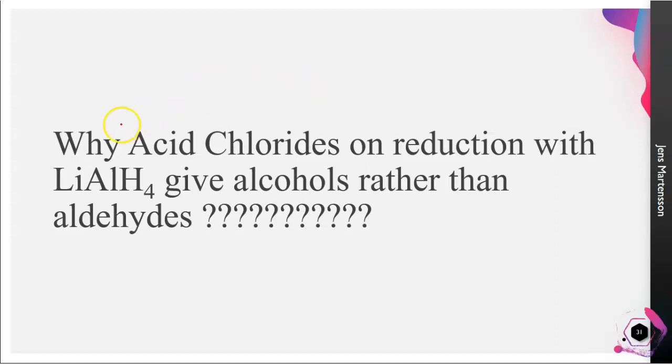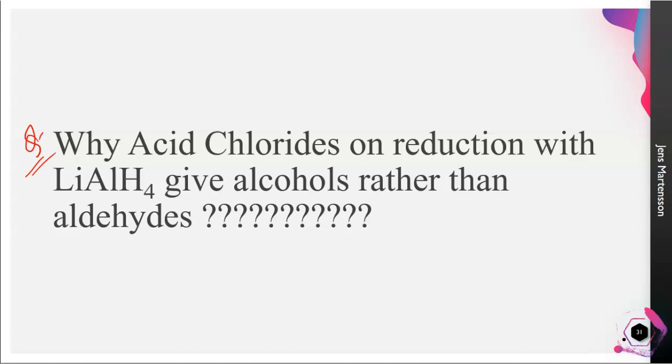Now a question arises from the same. That is one question I have shown you, and another question could also be asked. Just focus over here on this particular reaction. Question: why does acid chloride on reduction with LiAlH4 give alcohol rather than aldehyde?